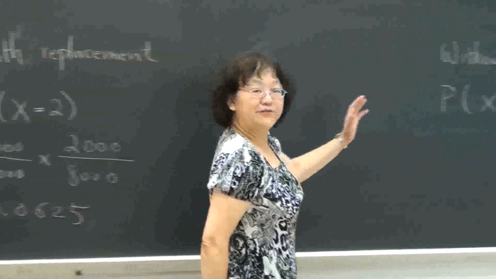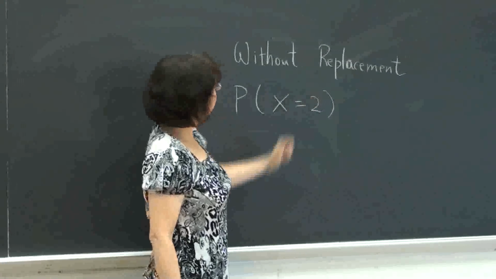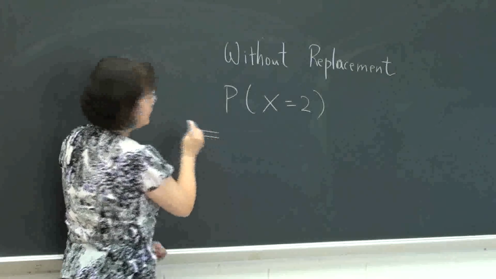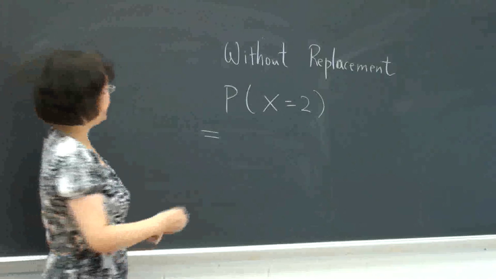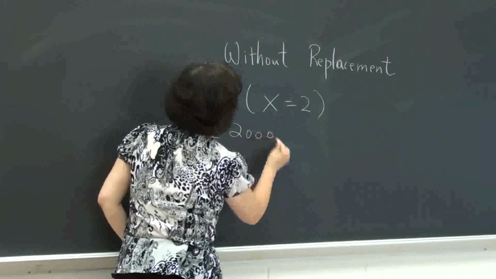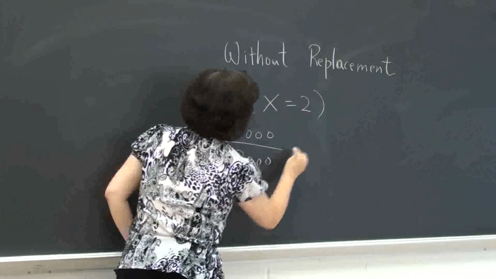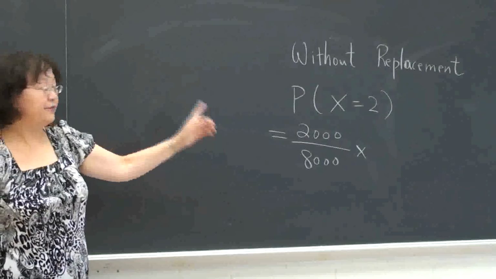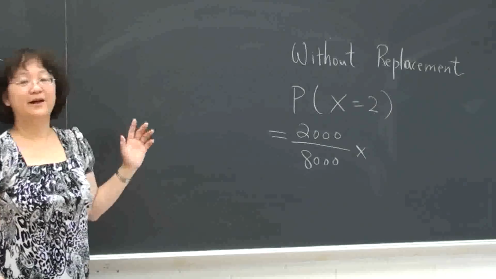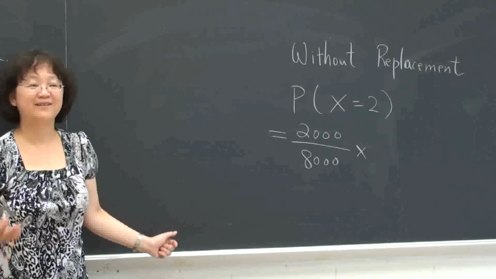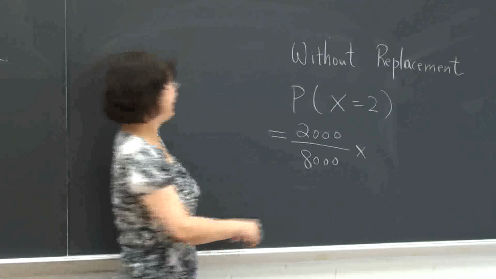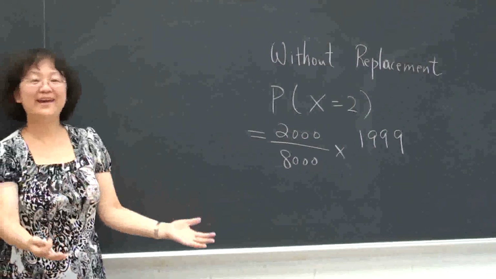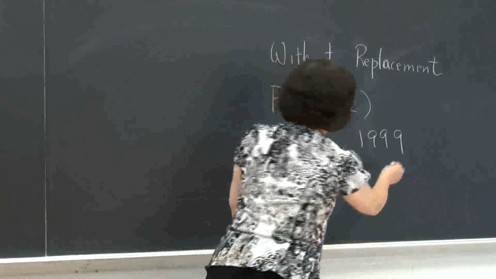And what about without replacement? Without replacement, the probability that X equals 2 would be, for the first pick, 2,000 out of 8,000. And for the second pick, we know that the first is a rotten egg, so how many rotten eggs do we have? 1999. And how many eggs are there in total? 7999.